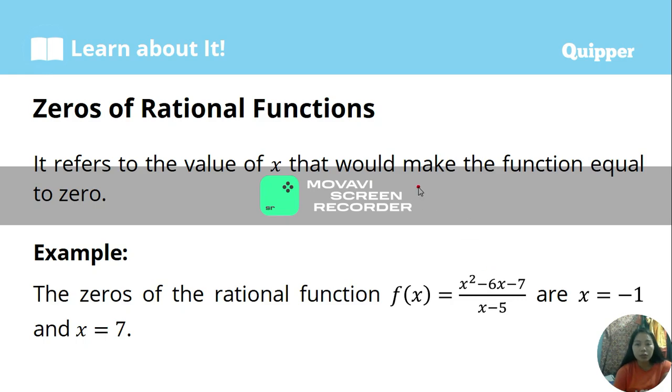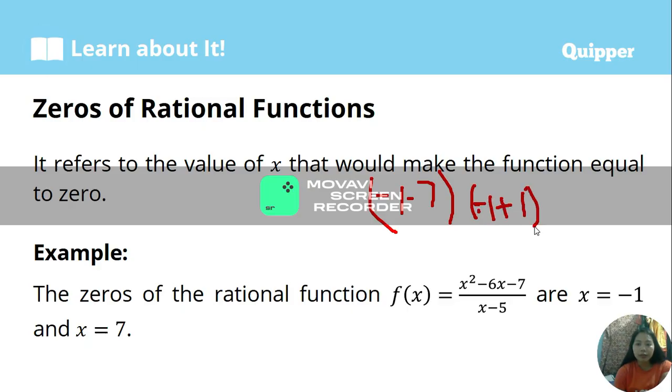If we substitute into x minus 7 times x plus 1, the values, say x equals negative 1, that means negative 1 minus 7 times negative 1 plus 1.